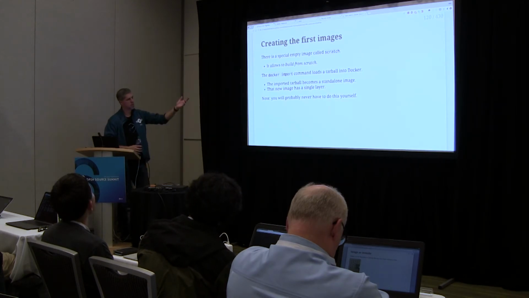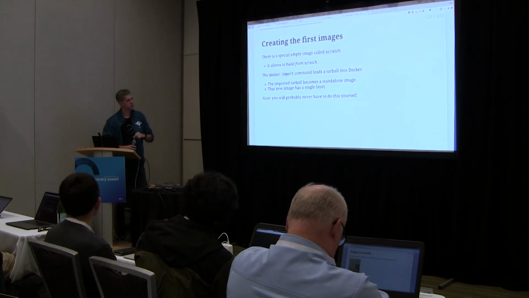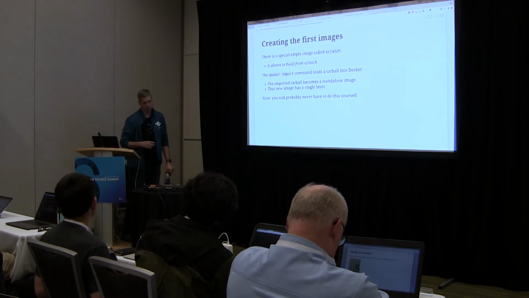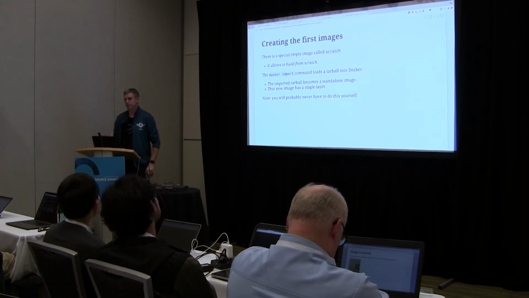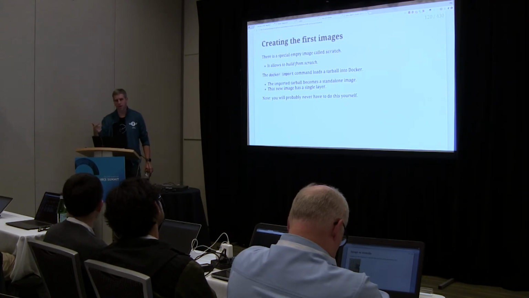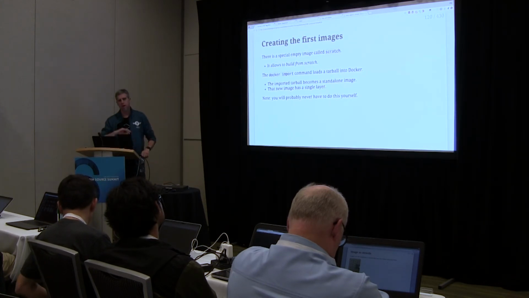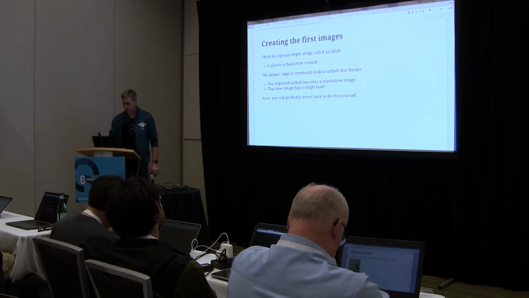We can also take tarballs of file systems and use docker import to become a standalone image. Most people won't be doing that, but you can think of how a distribution provider might want to start providing an image for Docker. They could create their pristine copy of Ubuntu 18.04 as a tar file and then import that, or do a FROM scratch build and copy in all those files as a starting point.